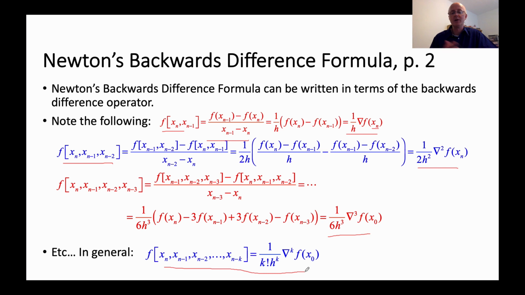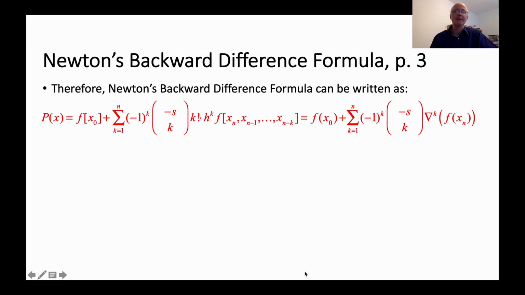And once again, we can multiply both sides of this by k factorial and h to the k to rewrite that backwards difference formula. In this case, like this. Okay, the negative 1 to the k and the binomial coefficient negative s choose k, they have to stay there. Excuse me.